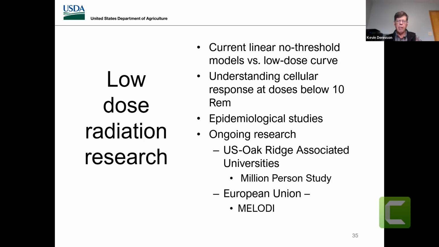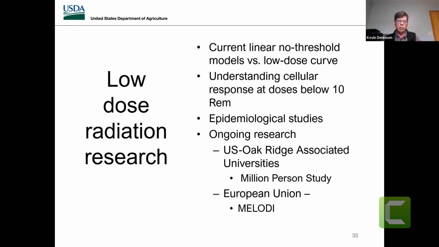And so, starting in the 90s, there was a Department of Energy funded low dose radiation project, which wanted to understand the effects of those low doses below 10 rems. And they're also doing epidemiological studies.